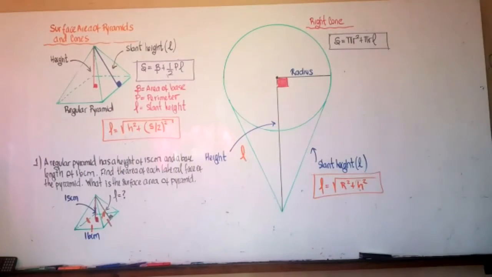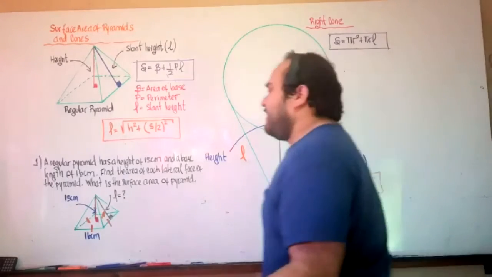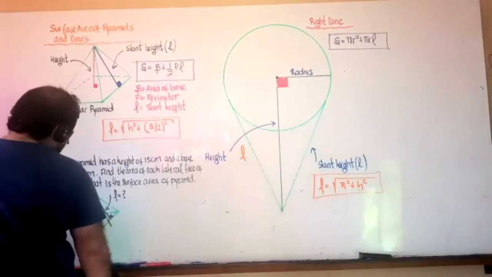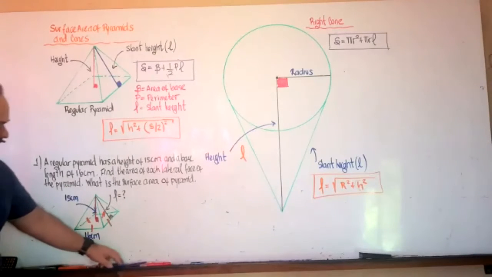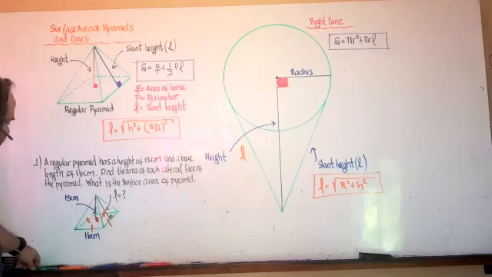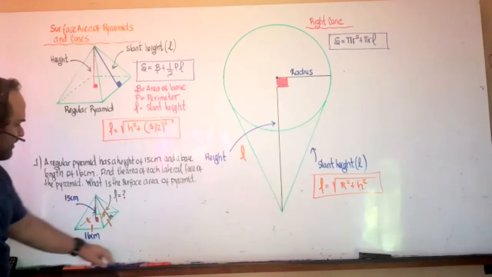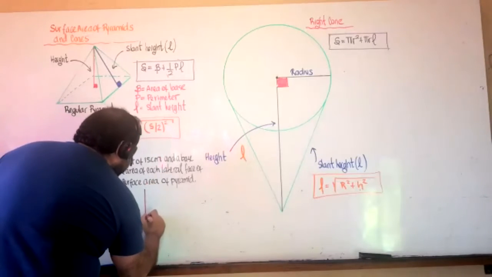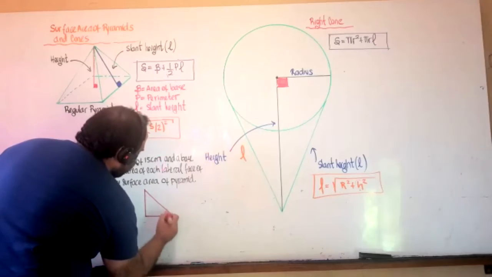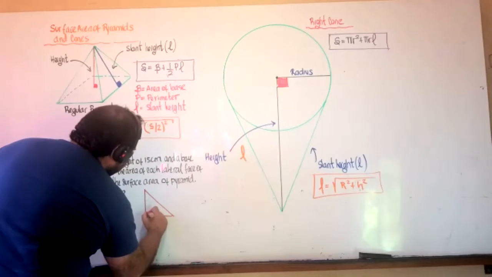The first thing that we must do, before answering the questions on the lateral area and the surface area, is look for the value of L. Because in this picture, we're going to have a right triangle.